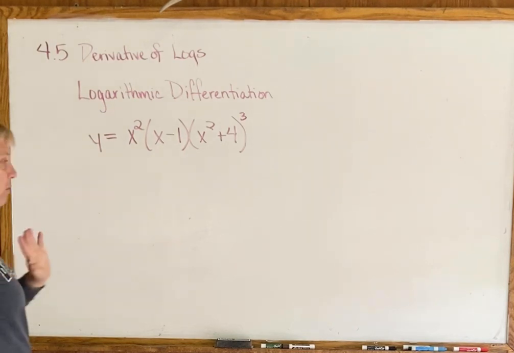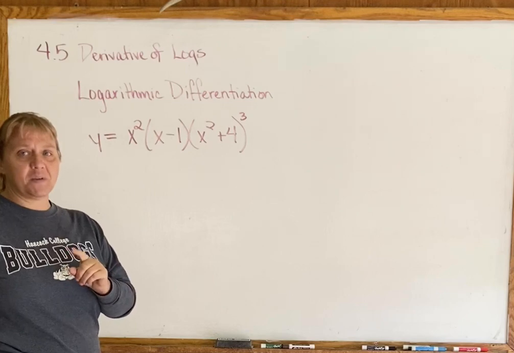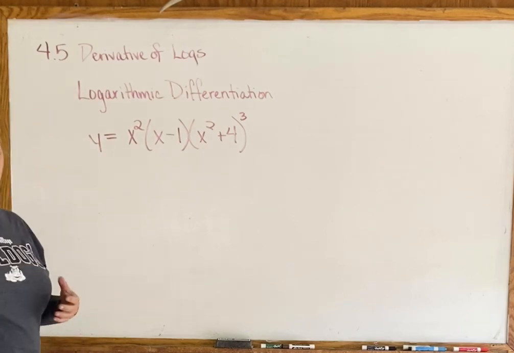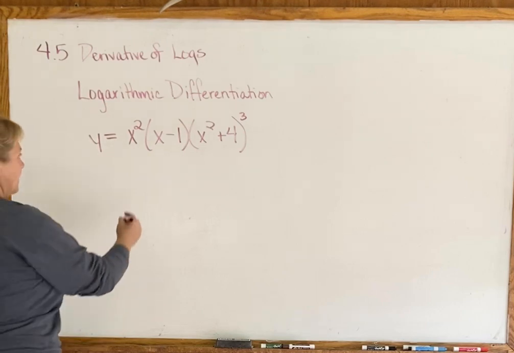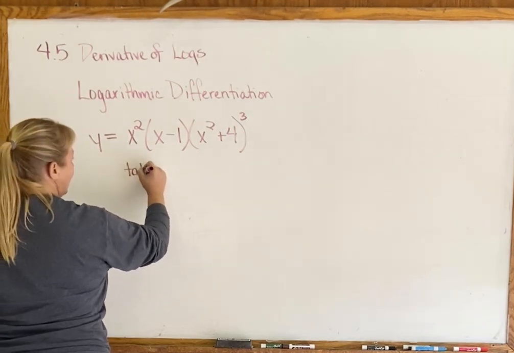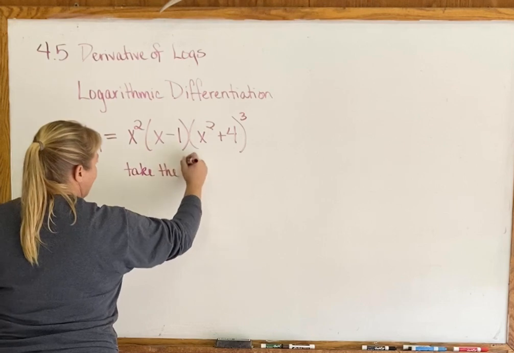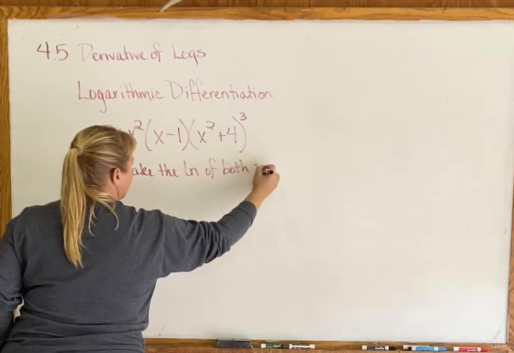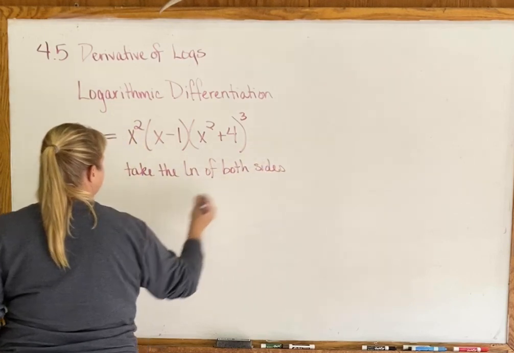But if you don't want to deal with all those multiple steps, we can do something a little bit tricky. We can take the natural log of both sides. So we are going to take the ln of both sides.